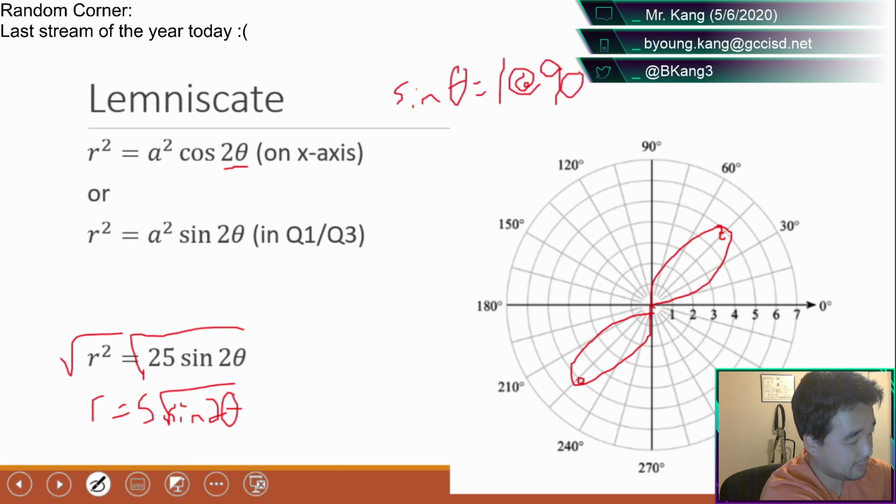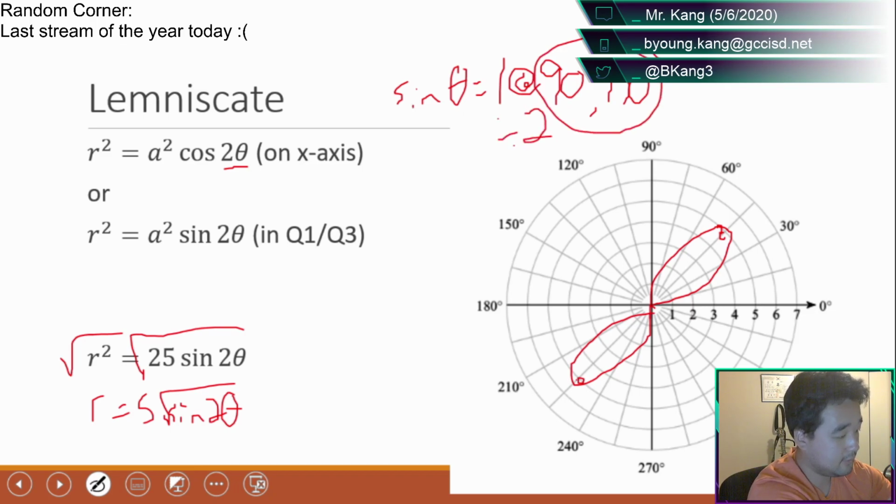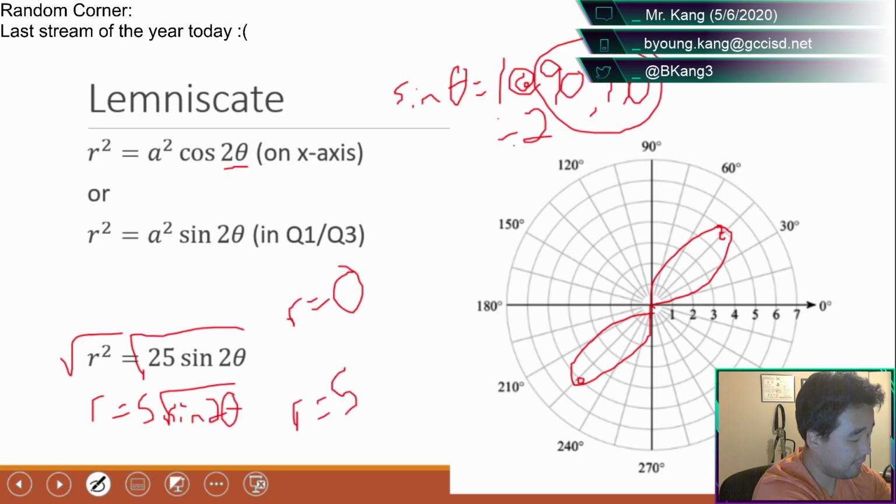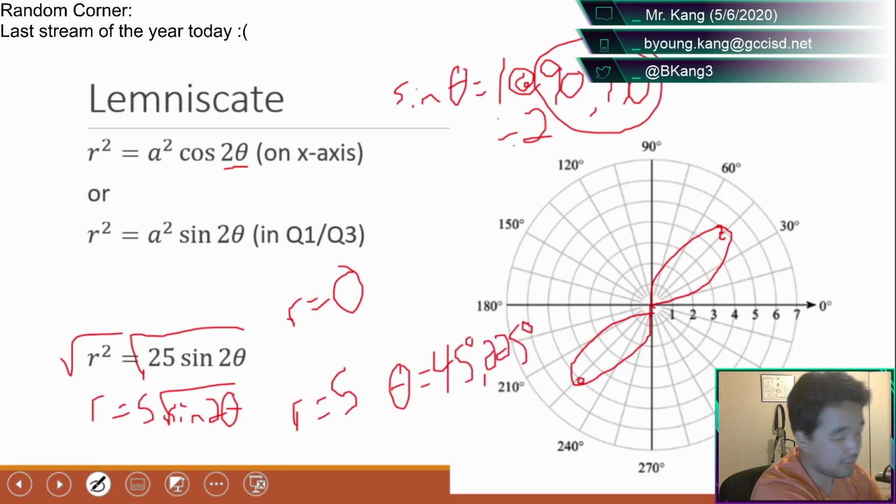That's just off your trig chart. Because it's a 2 theta, you divide both those in half. So r is either going to be 0 or r is going to be 5 at theta equals 45 and 225. And all lemniscates are going to be centered at 45 degrees because that little number next to theta is always going to be 2.